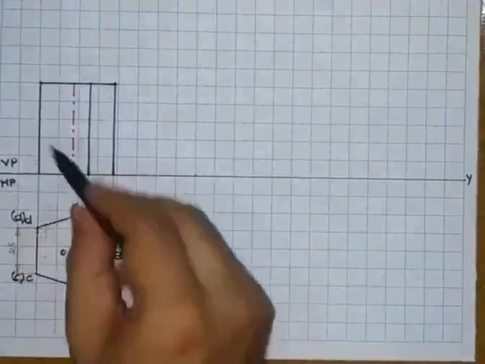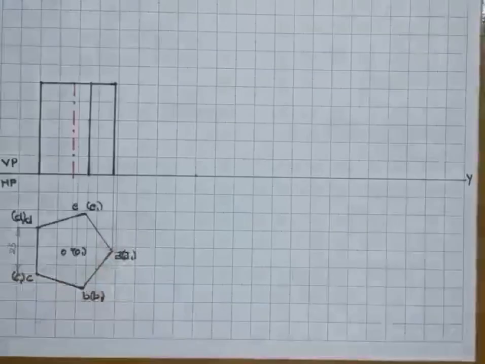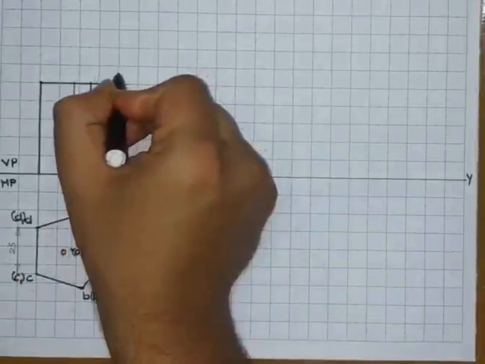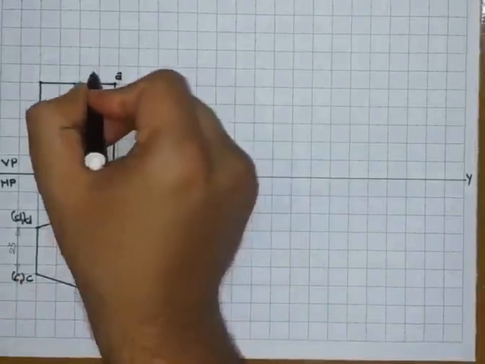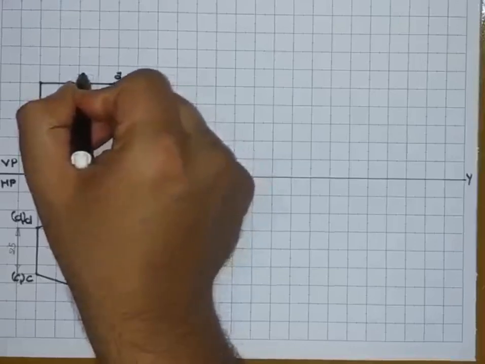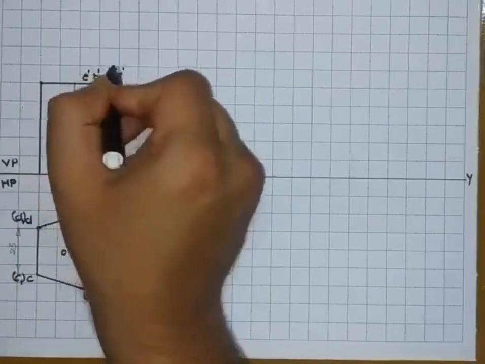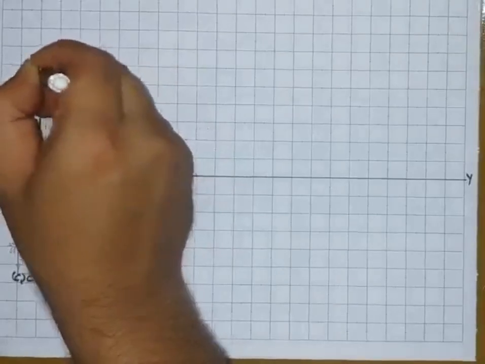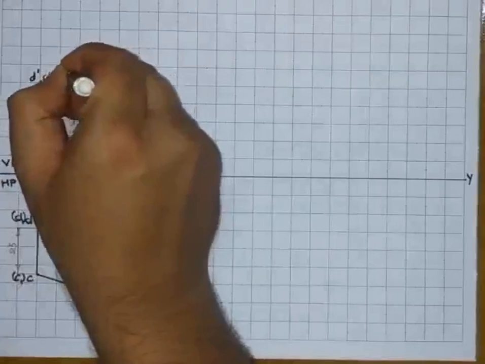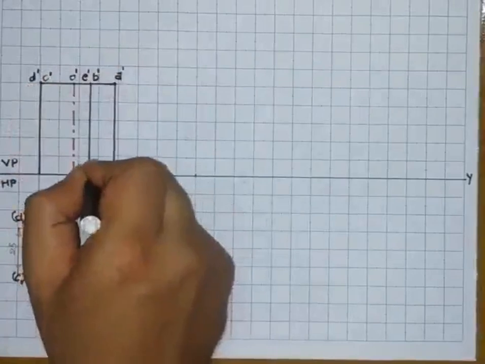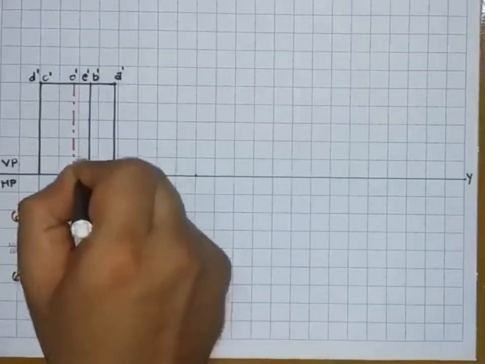Here there are two faces, the top face and the bottom face, right? The top face points are: this is point A and this is point B, as well as E, and this is point C dash as well as D dash, and this is point O dash, and this is point A1 dash, B1 dash and E1 dash.